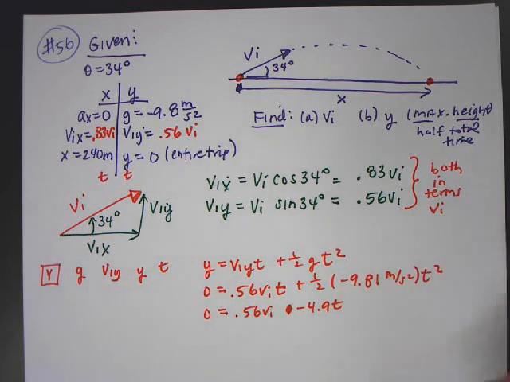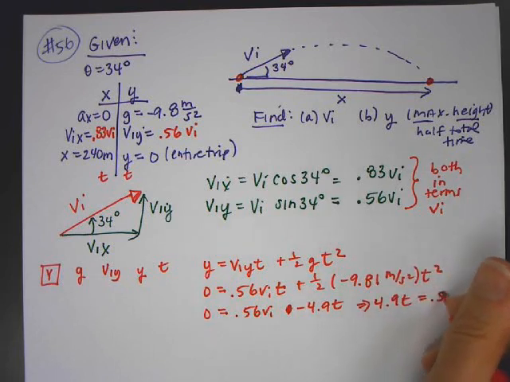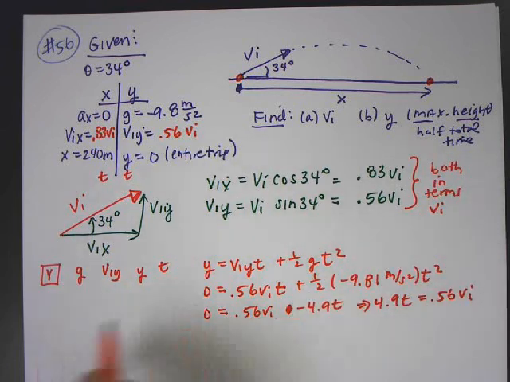I'll move the 4.9 to the other side, and I'll say 4.9 T is equal to 0.56 VI. And then I'm going to rearrange this to solve for VI. So I'm going to divide 4.9 by 0.56.